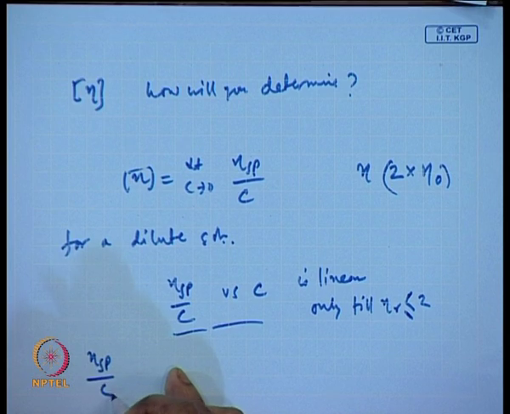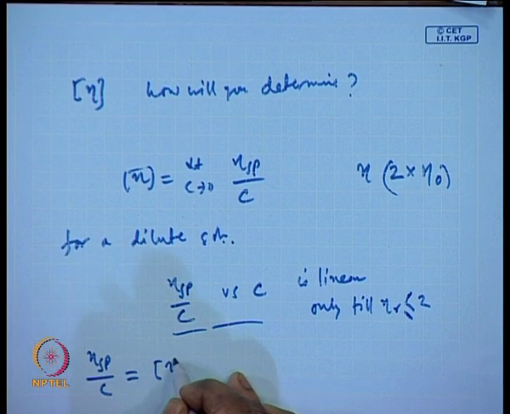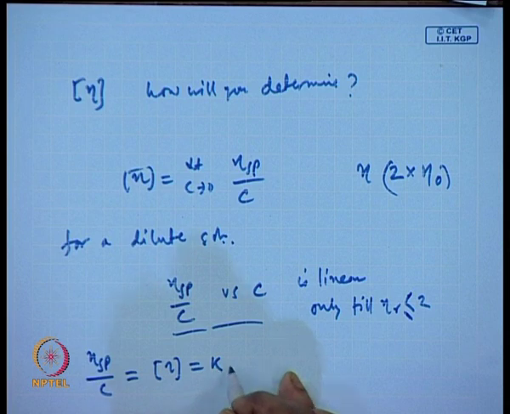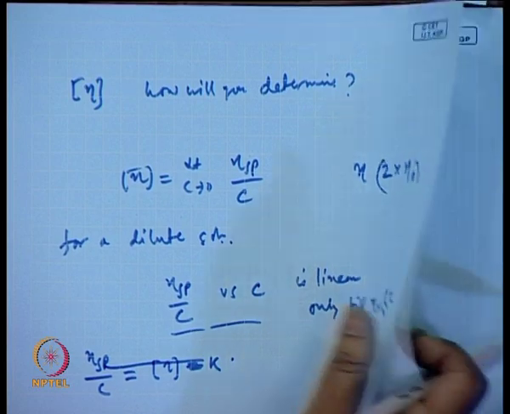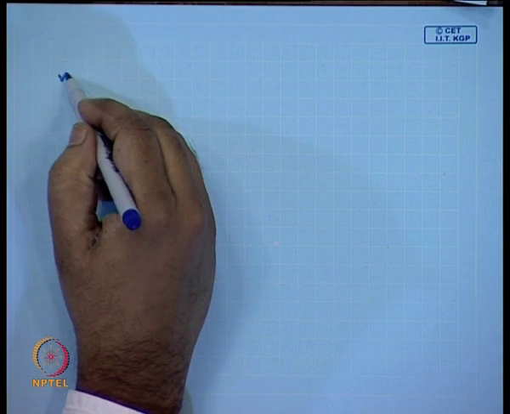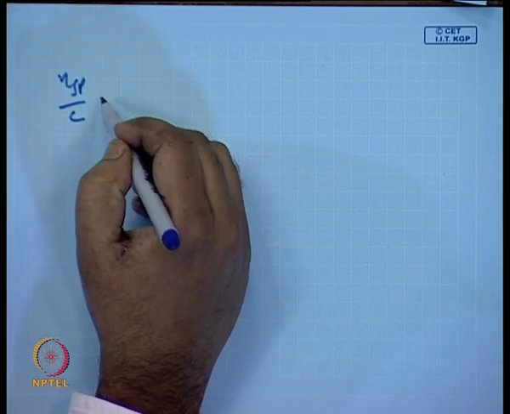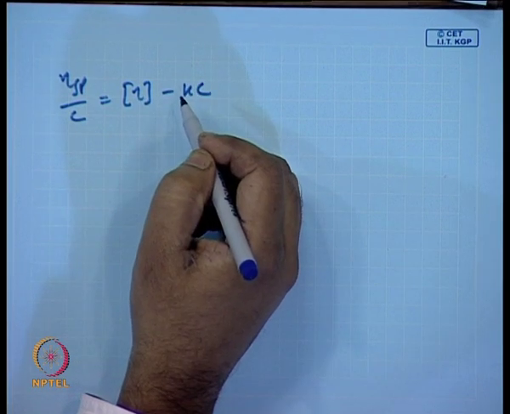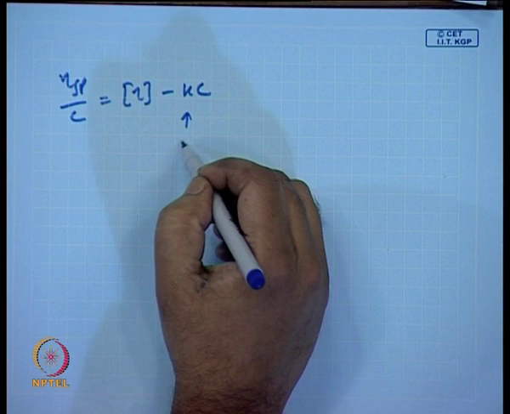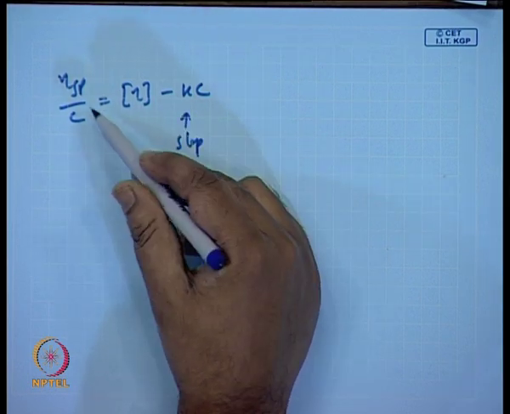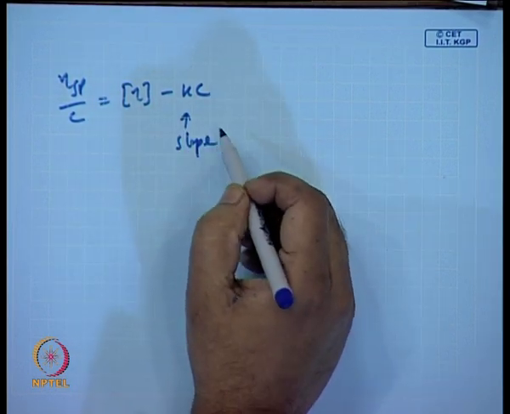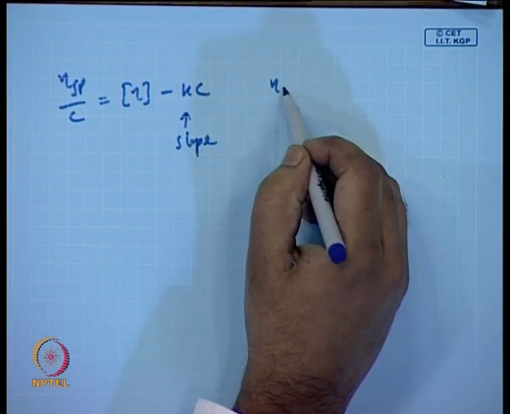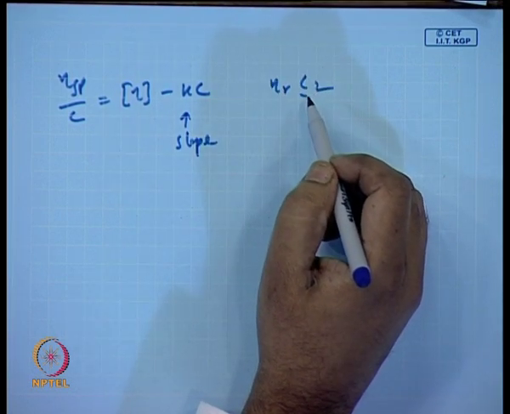So, eta_sp by C can be written as eta plus K C, where K is the slope of that linear relationship between eta_sp by C and C, and that is only applicable till eta_r is less than 2.